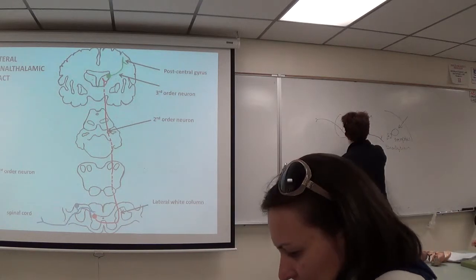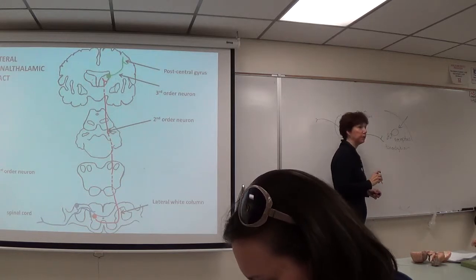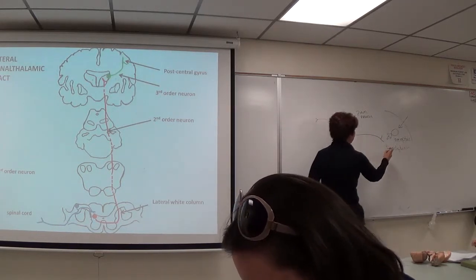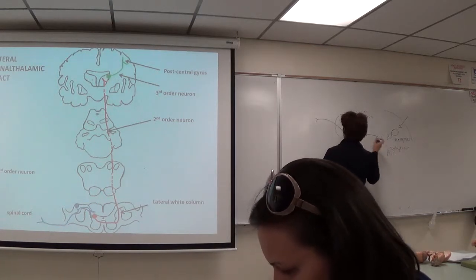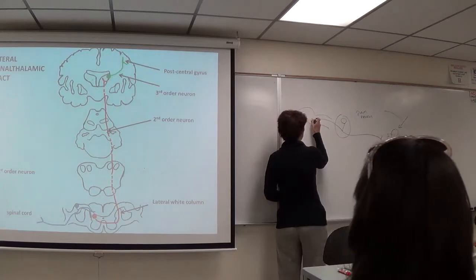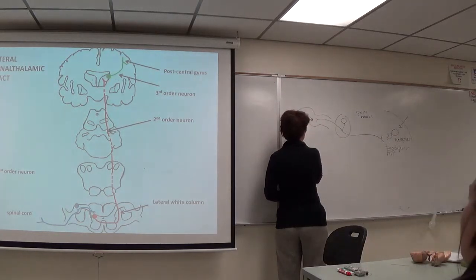And this neuron would have its cell body in the dorsal root ganglion. It's our first order neuron, and it's going to end in the posterior gray horn with the second order neuron, which is going to cross over.